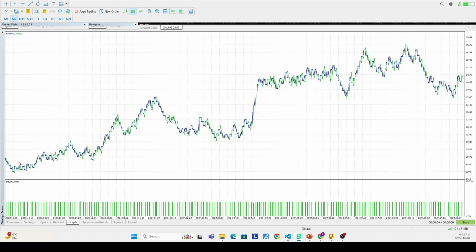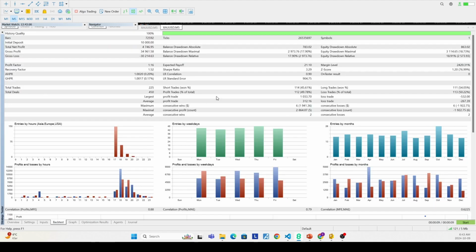So we're seeing a $10,000 balance would have become roughly a $15,000 balance. And we're seeing a win rate of approximately 50% with a better risk reward. This is due to the use of our trailing stop loss.